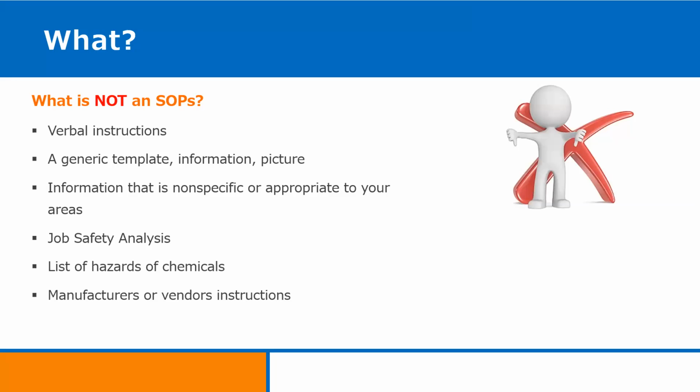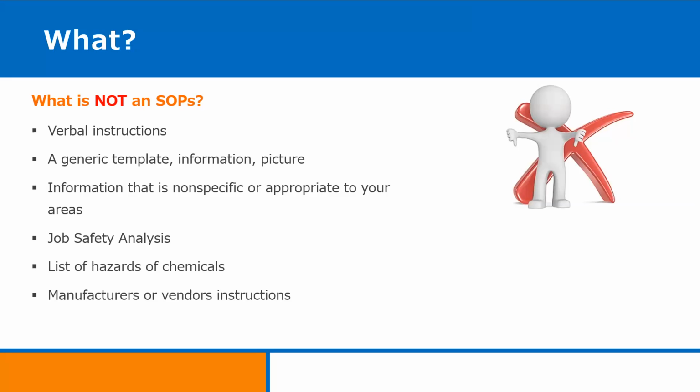A generic template. If you go to any university, they will have generic templates. Some are good, some are not that good. Some of ours are good, some are not. So we're working on having good templates. So if you download a template and you didn't customize it for your operation, for your procedures, for your lab, that's not an SOP.